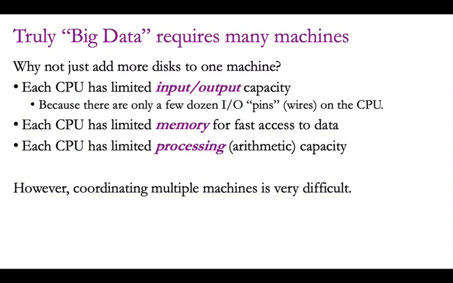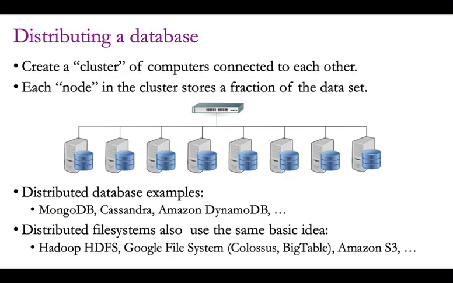And there are such systems being built, but in general we'll see a little bit in this lecture how distributed systems, parallel systems, and big data systems can handle more data, but have some drawbacks compared to traditional single machine systems. Okay. So the general idea of distributing a database is what we're talking about in this lecture.